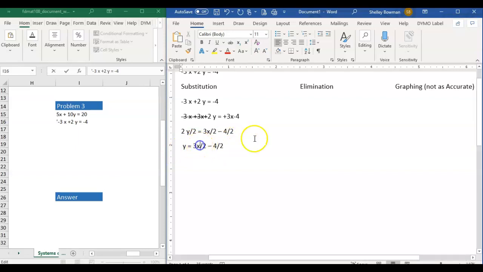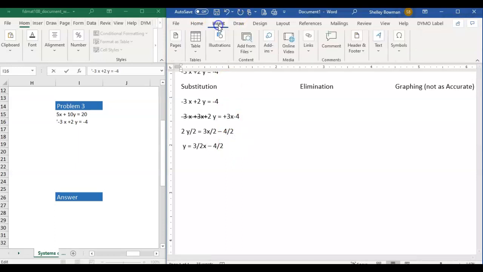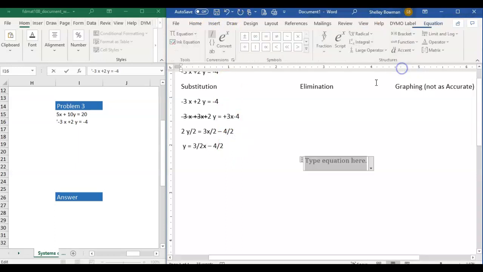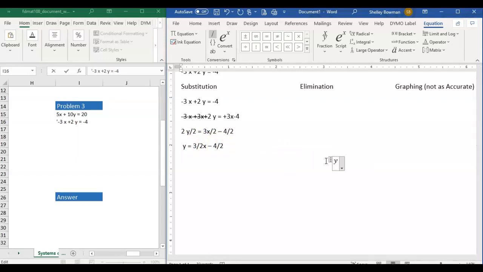3x divided by 2, I'm just going to move the x over so that I can see that that's a fraction 3/2. And in fact, that might be better to show with an equation here so that we can see that the 3/2 is actually on top of each other. So I'm going to do y equals 3 over 2.